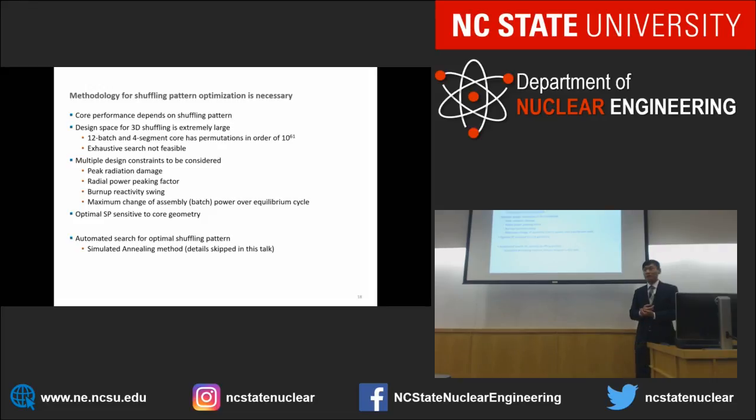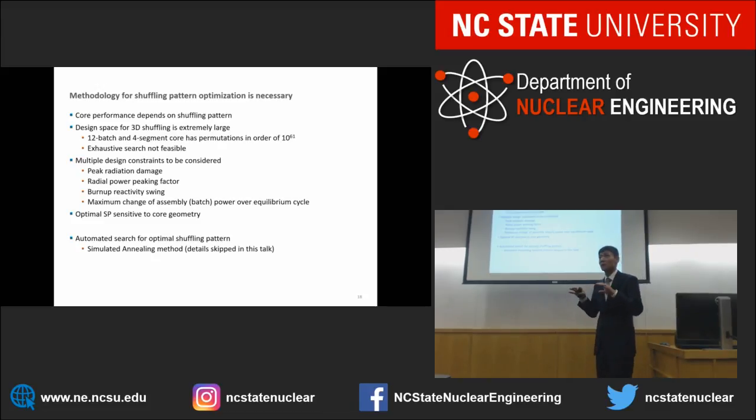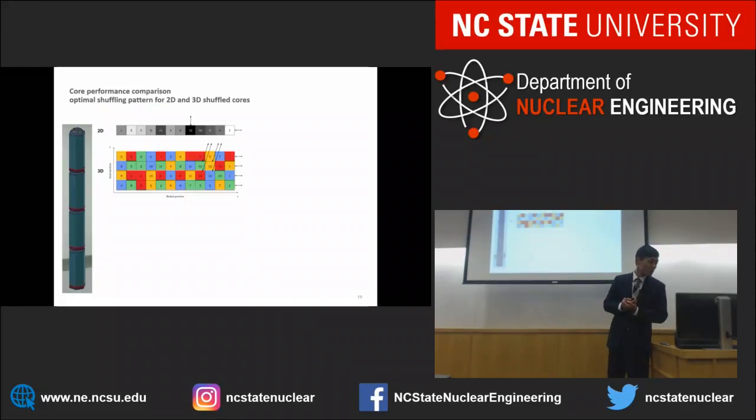We also want to minimize the burn-up reactivity swing to reduce the burden on the control rods, etc. So this is a multi-objective optimization problem, and we designed this optimization scheme to find the best shuffling scheme. But I'm going to skip the details in this talk because in the second half, I'll talk more in detail.